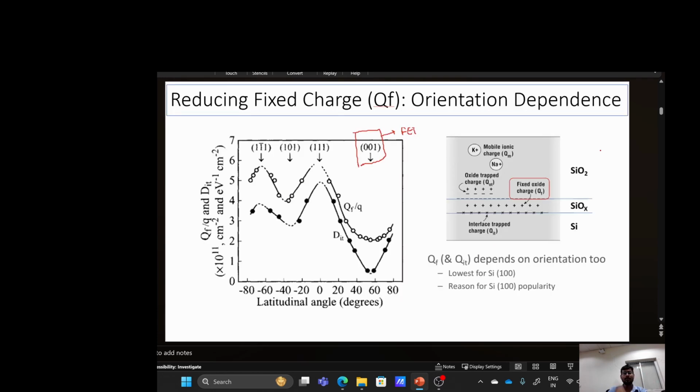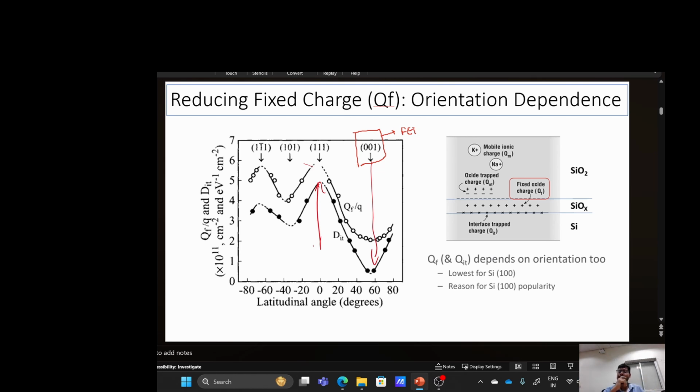Also, these fixed charges depend on the orientation of the wafer, on which wafer you are taking. In one kind of orientation these fixed charges are higher, and in the wafer with the 001 orientation these defects are lower.